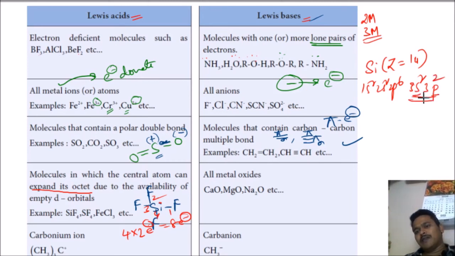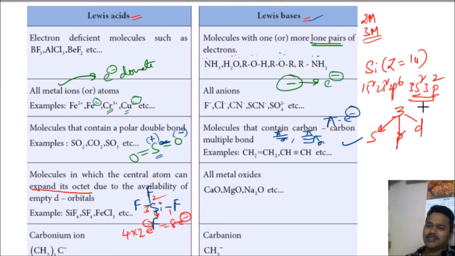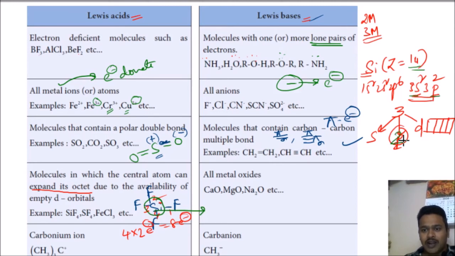But whenever the third shell exists, s exists, p exists, and d also exists. In the p orbital only 2 electrons are there. The d is completely vacant. Due to the vacant 3d orbital of silicon, in the configuration 3s2 3p2, only 2 electrons fill the p orbital, and the d orbital exists but is vacant.